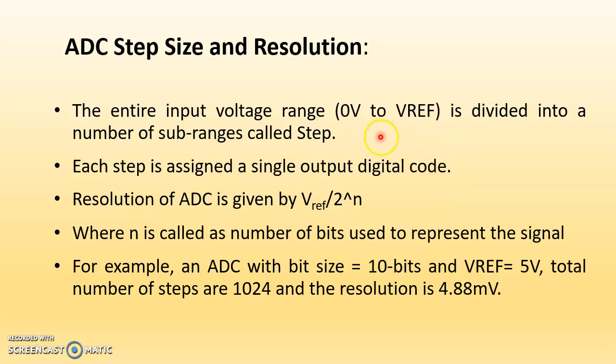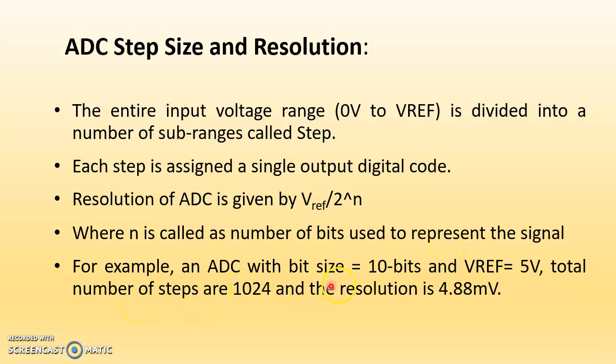Suppose there are 10 steps, so all 10 steps will have a different output digital code. The resolution of the ADC is given by V reference divided by 2 raised to n, where n is the number of bits. Previously we have seen 2 raised to n, where n is the number of bits used to represent the signal.